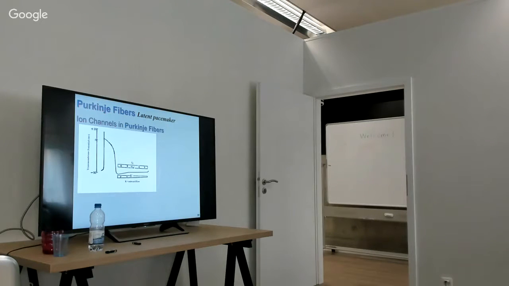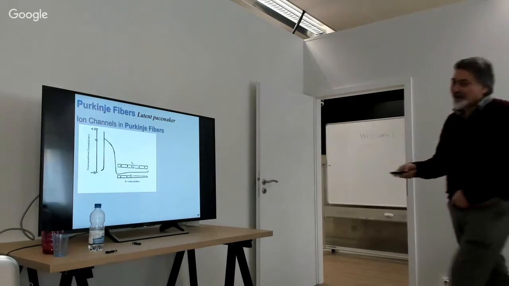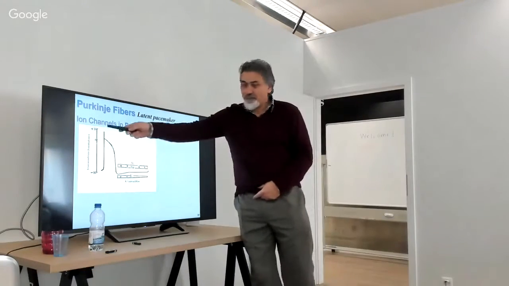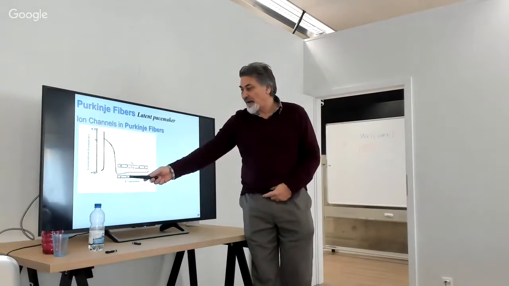Also the Purkinje cells are very strange cells. They don't decide if they are fast or slow. They are some kind of fast, but they have some funny current.